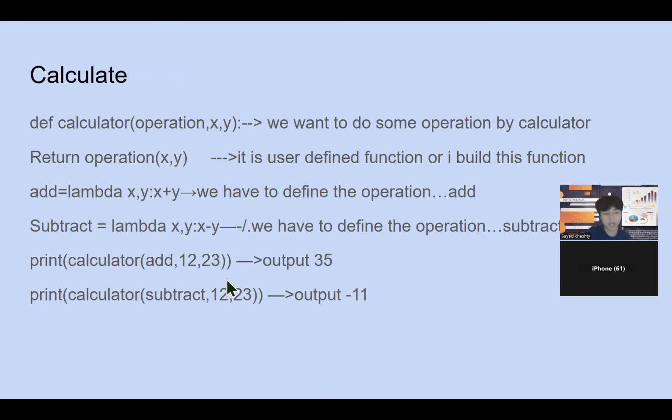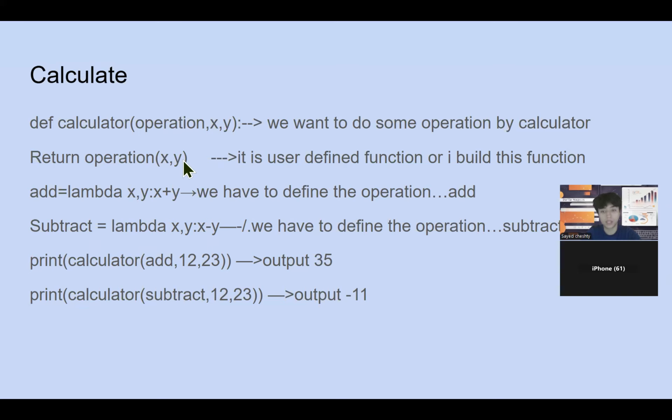So when we do add equals lambda x comma y colon x plus y, now we have to define the operation that is adding. Now subtract is lambda x, y colon x minus y. Now we have defined the operation as subtract.